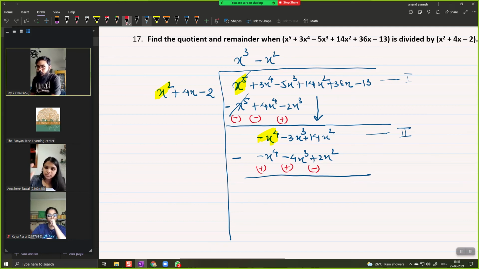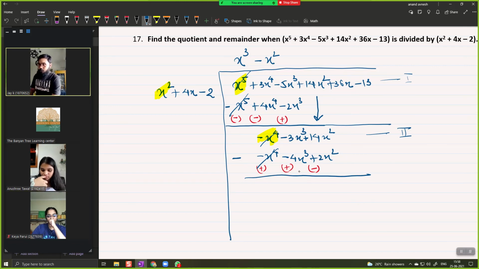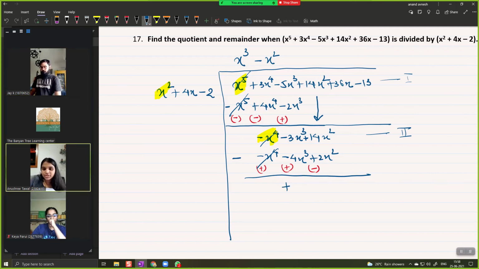Tell me now. Solution. Minus x raised to 4 plus x raised to 4 is 0. Minus 3x cube plus 4x cube, so plus 1x cube, or x cube.